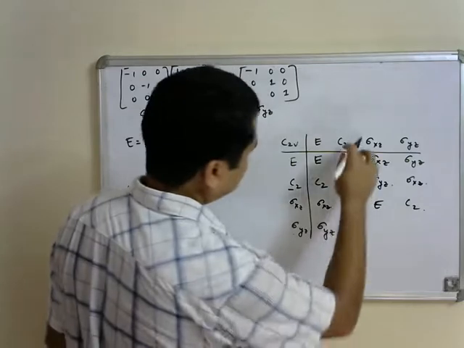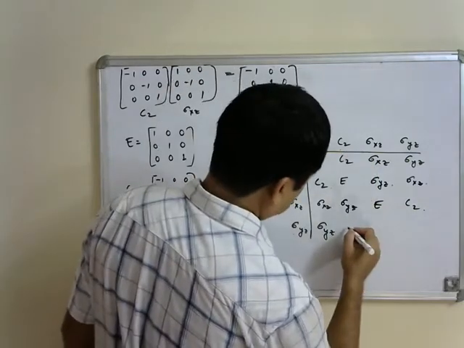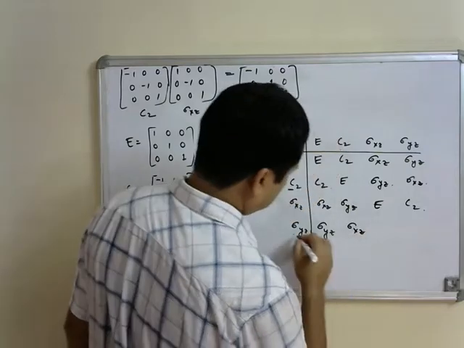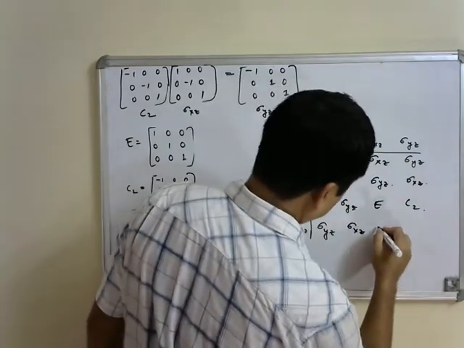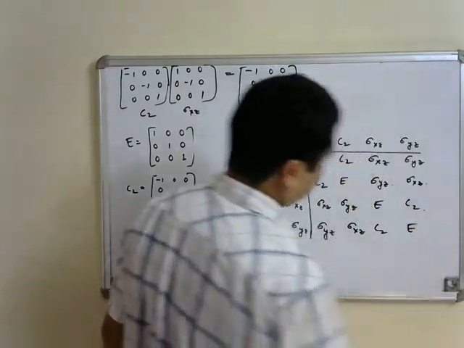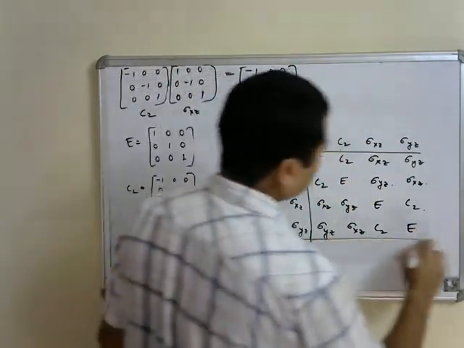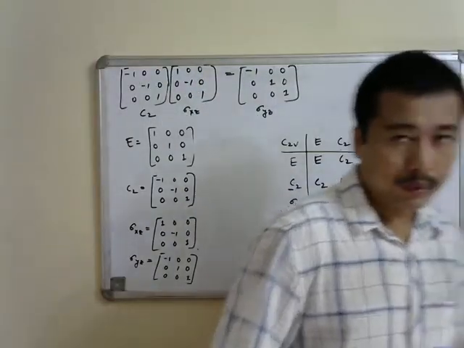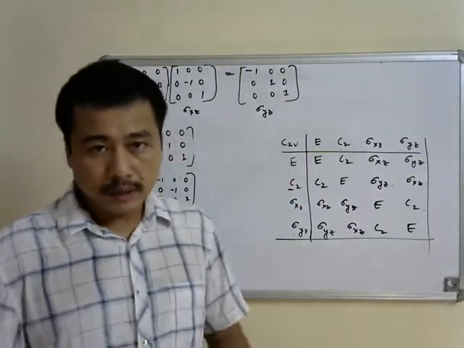This is sigma yz into C2, equal to sigma xz. This is going to be equal to C2, and this is going to be equal to identity. So that's how one can complete the group multiplication table for the C2v point group by using the matrix representations for the different symmetry operations.